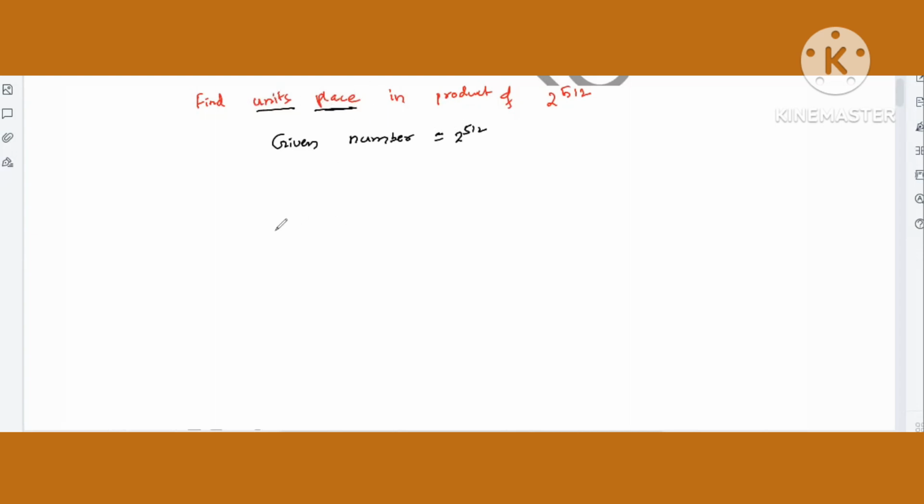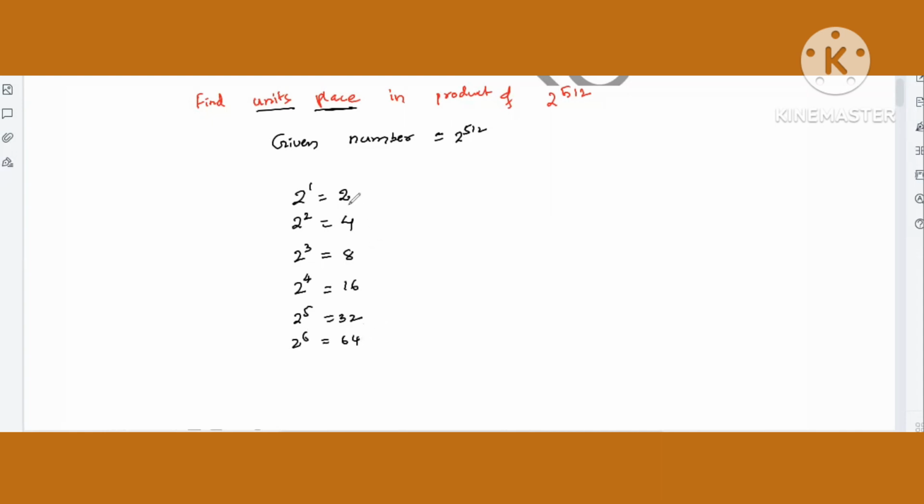First of all, let us observe how the powers of 2 behave. 2 power 1 is 2, 2 square is 4, 2 cube is 8, 2 power 4 is 16, 2 power 5 is 32, 2 power 6 is 64.